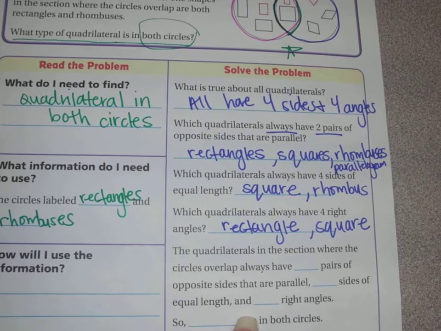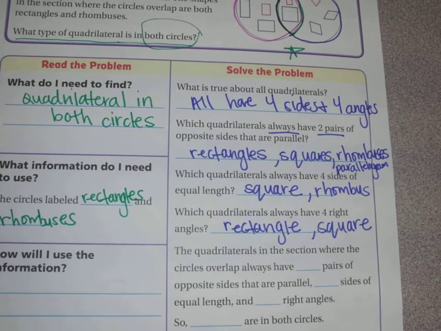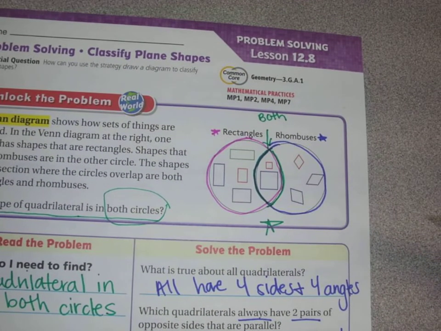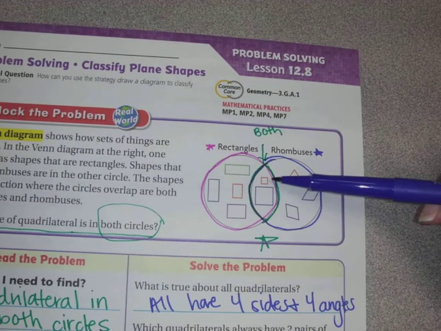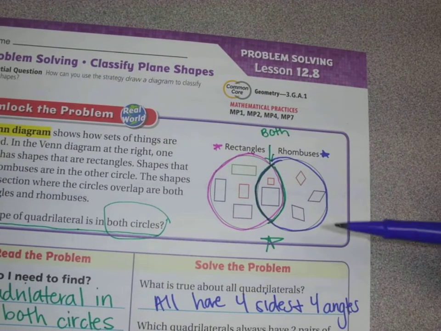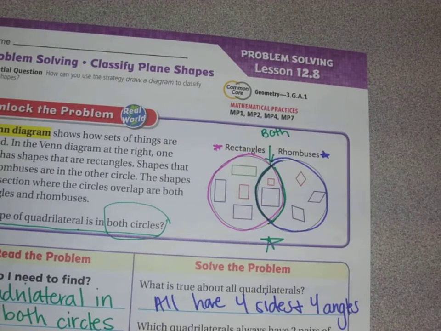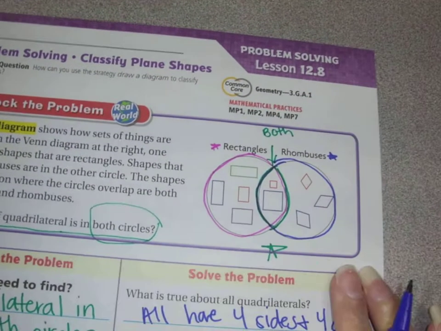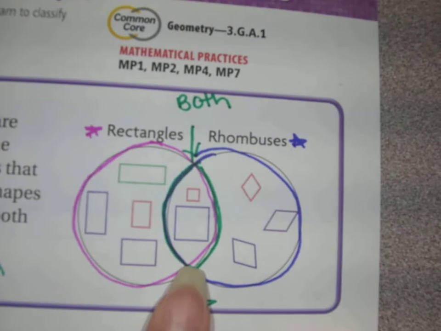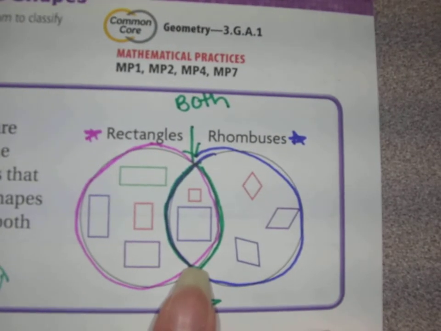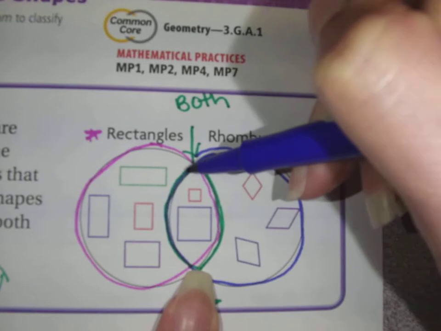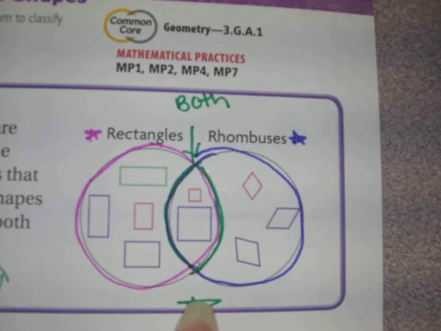Now, the quadrilaterals in the section where the circles overlap, well, let's look at them. It looks like they have 2 pairs of opposite sides that are parallel. I know it's really small. Let me zoom in. We're only looking in the middle, guys, right here. We're focused on what type of quadrilaterals are in the middle, or in both of the circles.